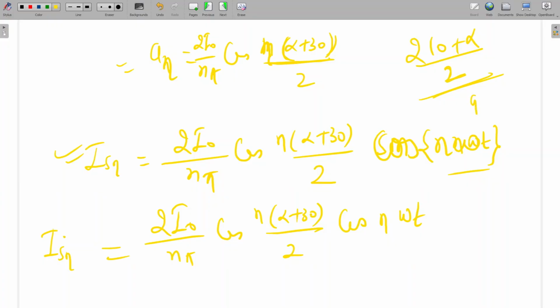So we can write 90 plus alpha plus 30 by 2. So it will be minus 90 minus alpha plus 30 by 2. Is it clear?